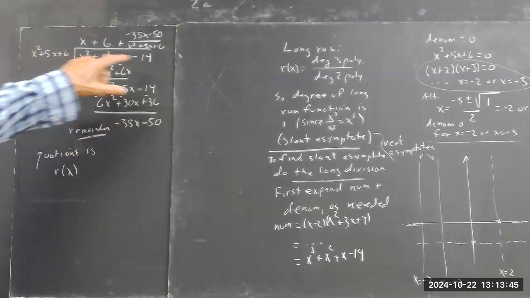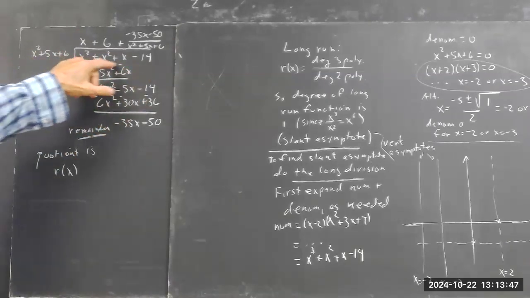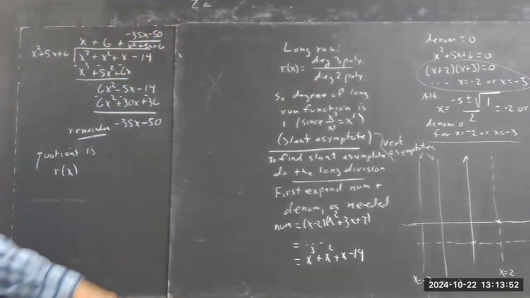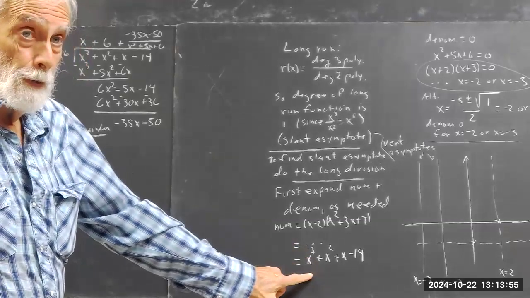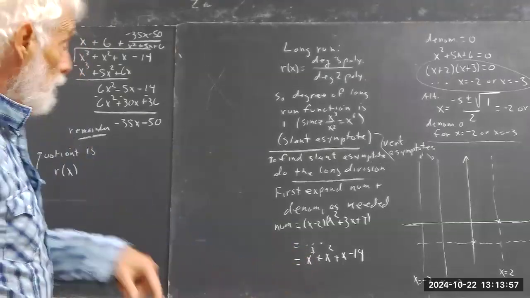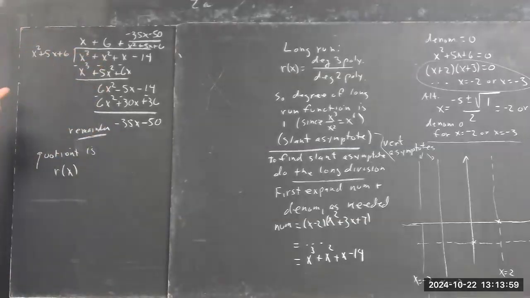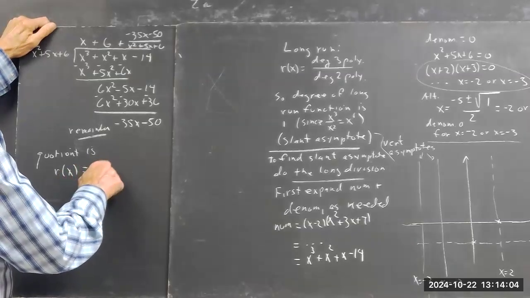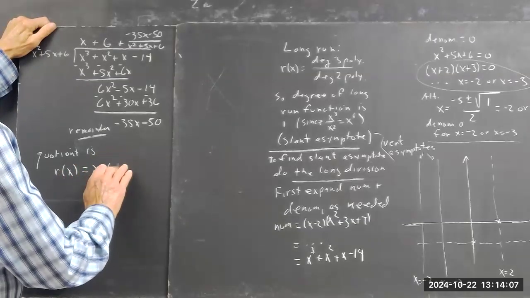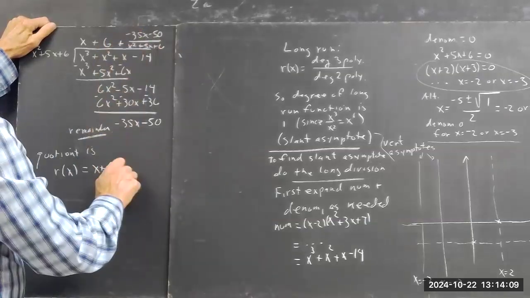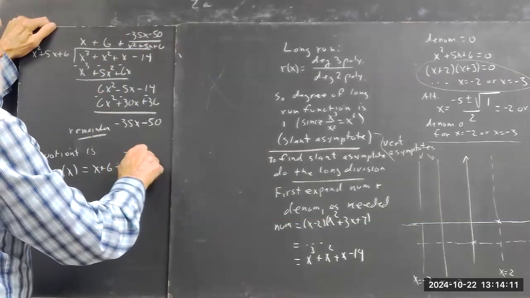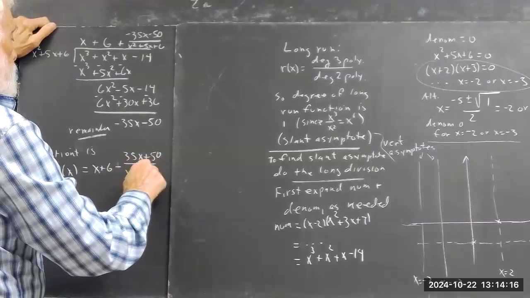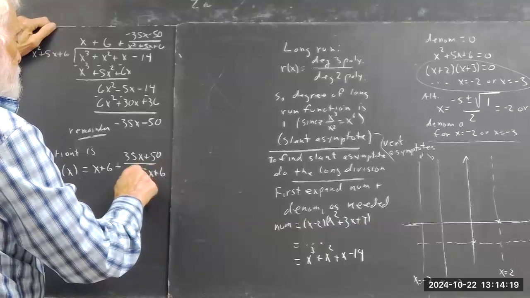When we started out, we had this numerator and this denominator. The numerator was expressed as x minus 2 times x squared plus 3x plus 7, but we saw that that was the same as this, right? So all we're doing is dividing the numerator by the denominator. This is still what r of x is. And it's x plus 6, and since these are both negative, I'll do minus 35x plus 50 over x squared plus 5x plus 6.